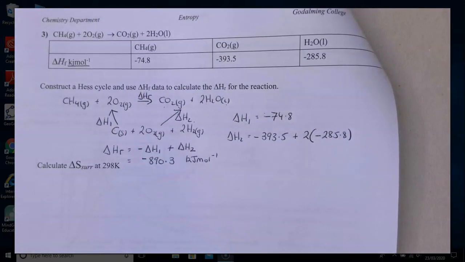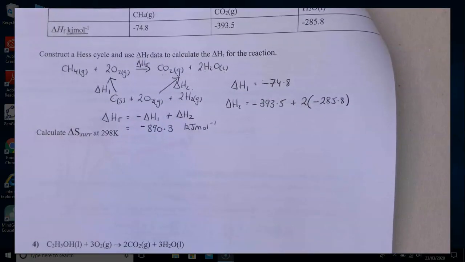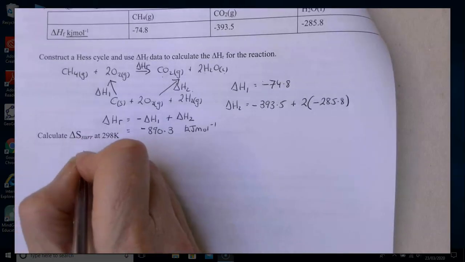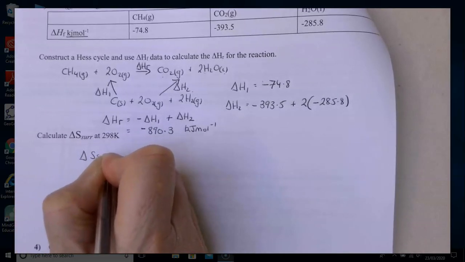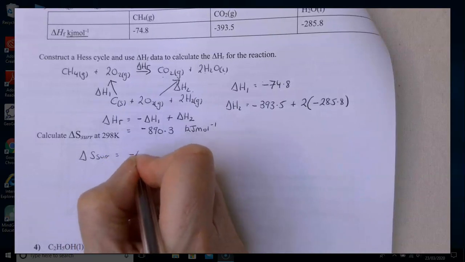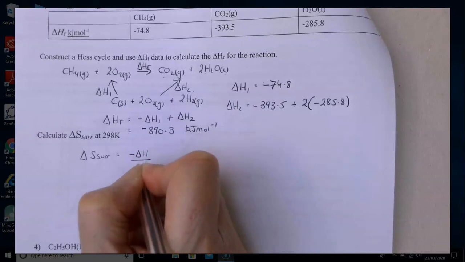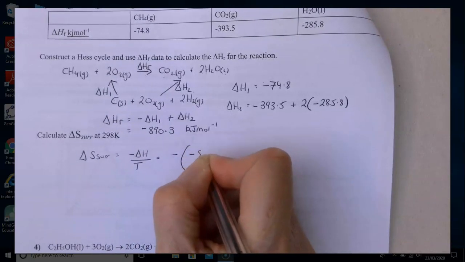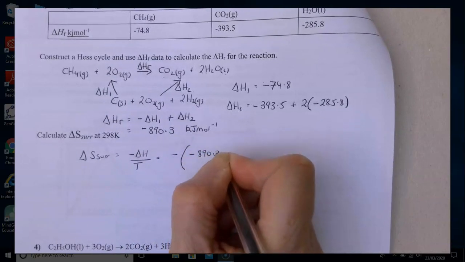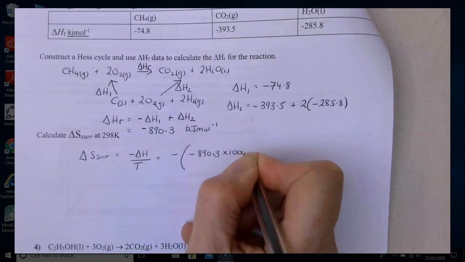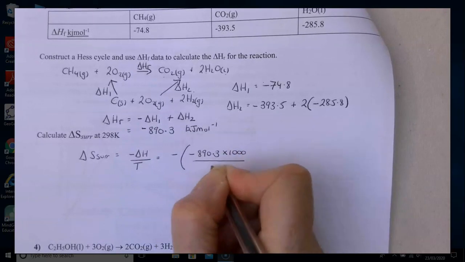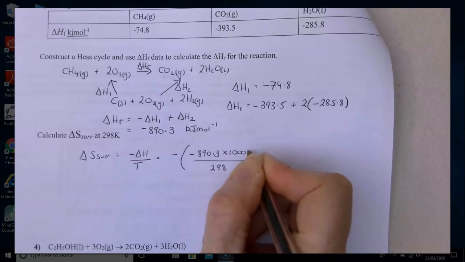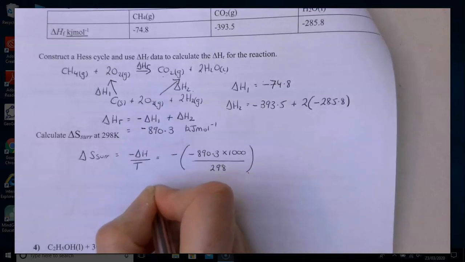But I can now use this to calculate my delta S surroundings. So delta S surroundings is equal to minus delta H over T. So that's minus, brackets, minus 890.3 times by 1,000 divided by 298 Kelvin, because that's the temperature at which we're doing this reaction.